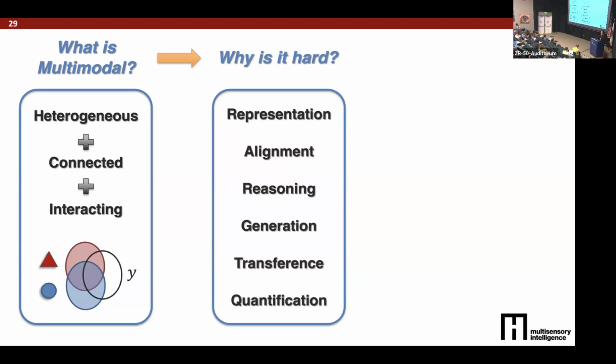How do you represent elements? How do you align multiple elements that are often seen in some sequence? How do you do this reasoning in a transparent way? How do you generate more data? How do you transfer from high resource to low resource settings? And how can you quantify and better understand the process? So oftentimes in any problem, you have to zoom into these principles and understand which challenges you're trying to tackle.